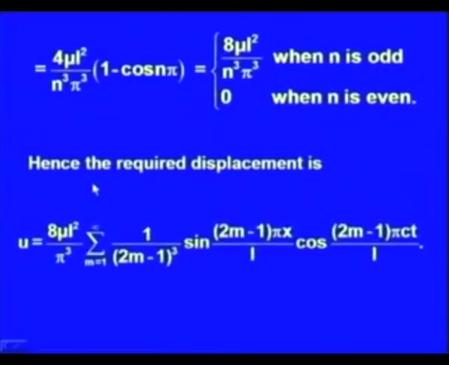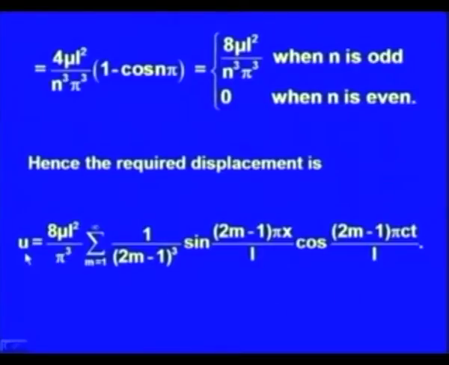Hence, we get the required displacement function u x t as 8 mu L square over pi cube. Now, we have seen that B n is 0 when n is even, and it is 8 mu L square over n cube pi cube when n is odd. So, when n is an odd integer, let us take n to be equal to 2 m minus 1, where m takes values 1, 2, 3 and so on.